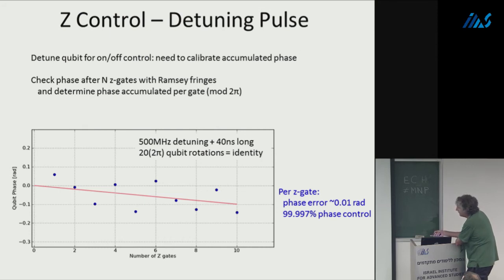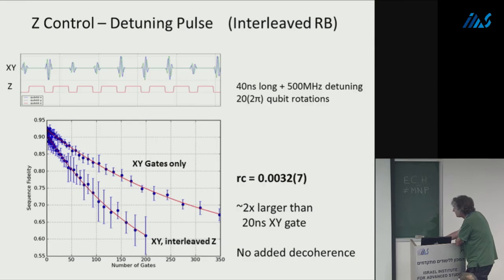We measure the qubit phase with the Ramsey fringe, and as the number of qubit Z gates goes from 1 to 10, we see a small systematic change of about 0.1 radian. So per 20 2 pi rotations, that's 0.01 radian. That's 99.997% phase control per 20 2 pi rotations. So that's good. We know how to control it.